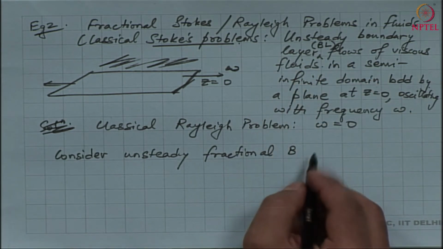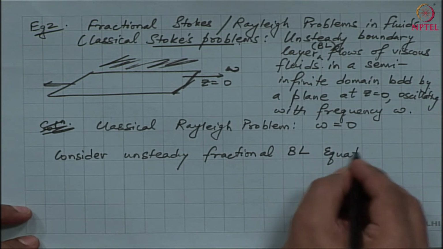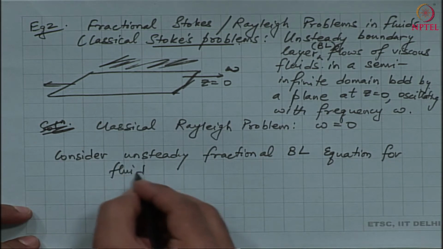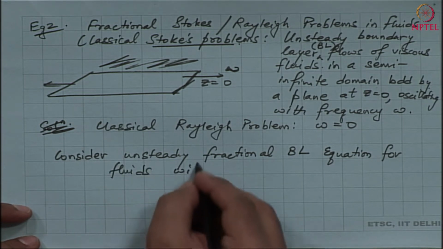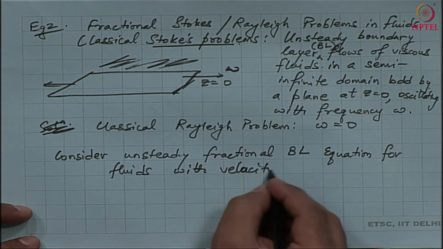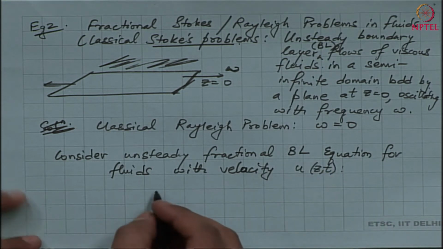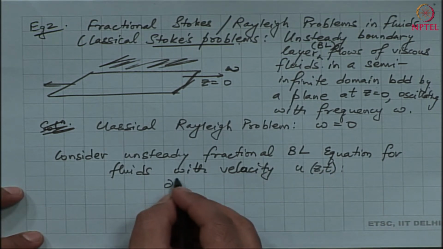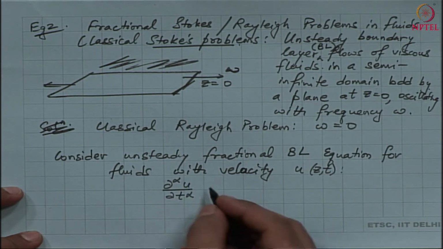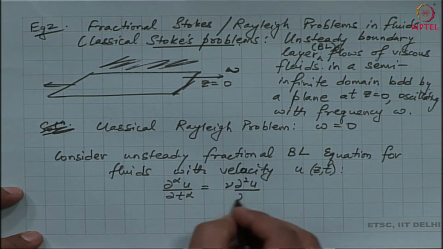So, I have a fractional boundary layer equation for fluids with velocity given by u of z comma t. Okay. So, in that case my fractional equation is as follows. So, del u del t alpha is equal to nu times del square u del z square.